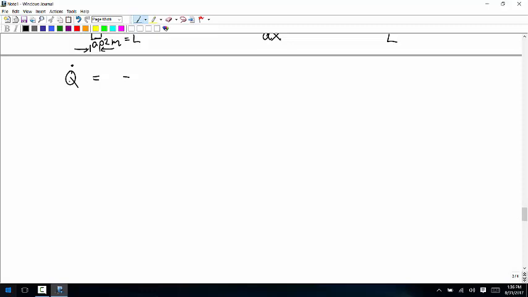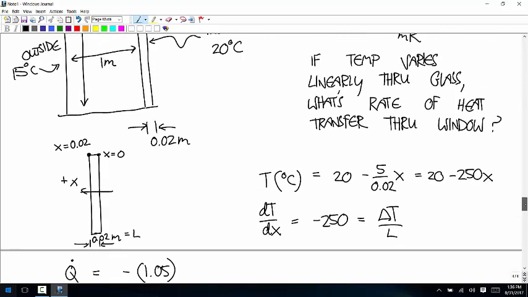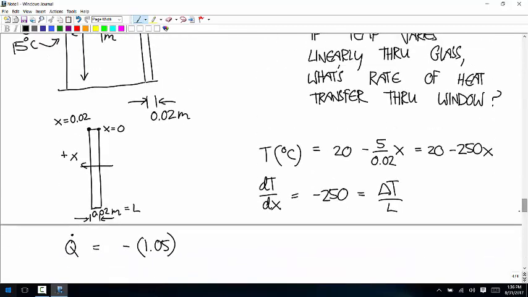Okay, so the change in heat is negative times 1.05. That's the coefficient. 1.05 times the cross-sectional area times dT/dx.